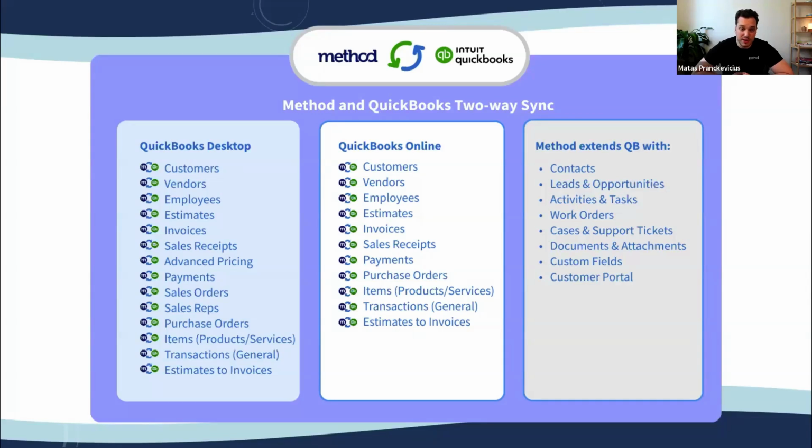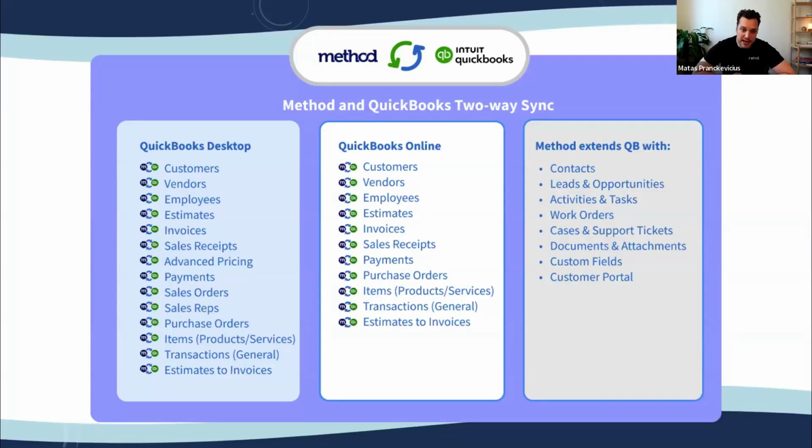All of that is going to be piped back because these elements inside of Method can be connected within the other elements inside of Method. We already saw the customer portal, documents and attachments, the custom fields, the list goes on and on.